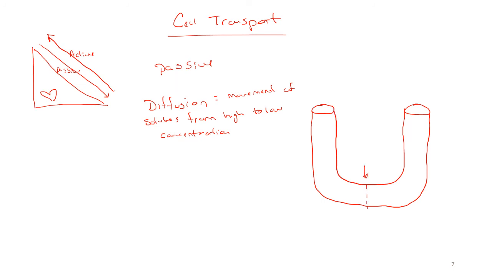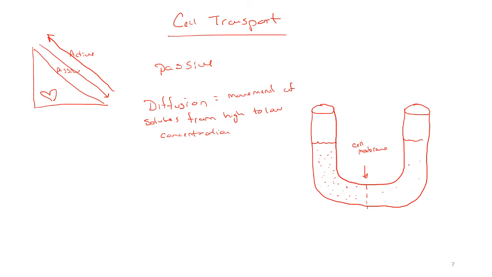Right there, I just drew a cell membrane that's semi-permeable. And on both sides of these things, I'm going to have an amount of water. And on one side of that, I'm going to put a ton of a solute. Let's say it's sugar. Why not? And on the other side, I'm not going to have very much sugar at all.